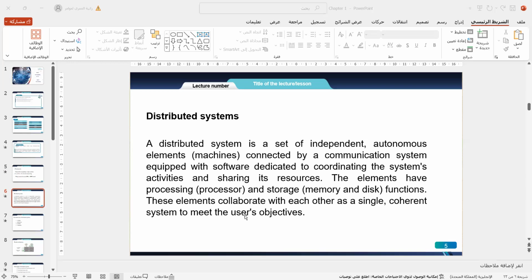The elements have processing, executed by the processor, and storage, done by memory or disk functions. These elements, in fact, collaborate with each other as a single coherent system to meet the user's objectives.